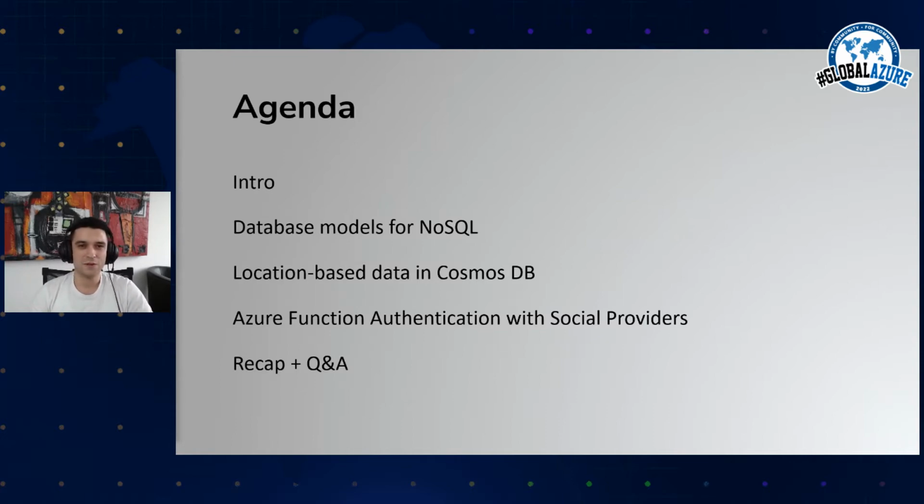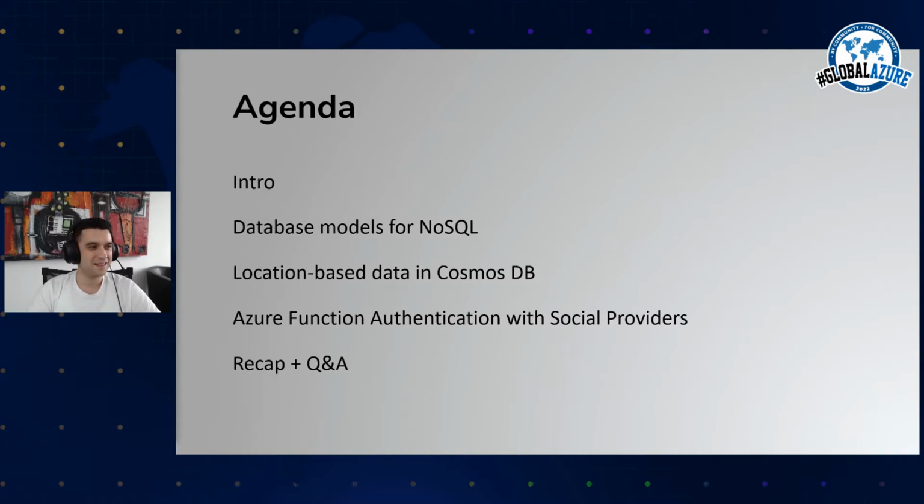After that, we're going to talk about some special features that Cosmos DB offers when working with location-based data. Then we're going to take a look at authentication of Azure Functions with social providers like Facebook, Google, Twitter, and so on. Of course, in the end, there will be a recap and we will have some time to get to your questions. So right now, you just have to sit back, relax, and let me take you on this journey.